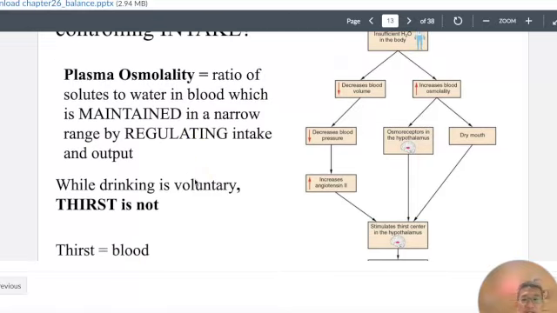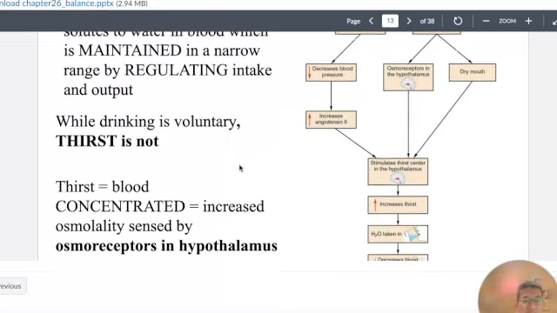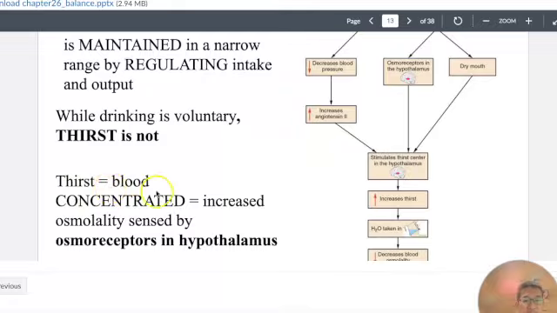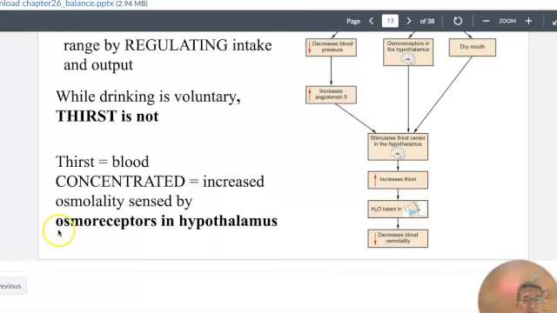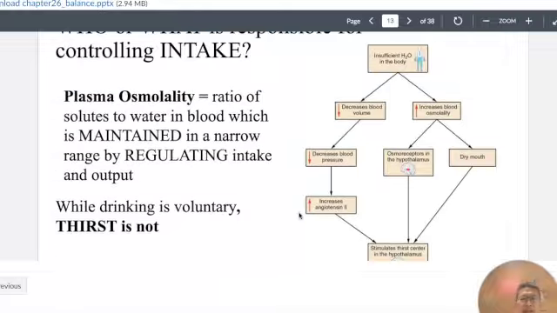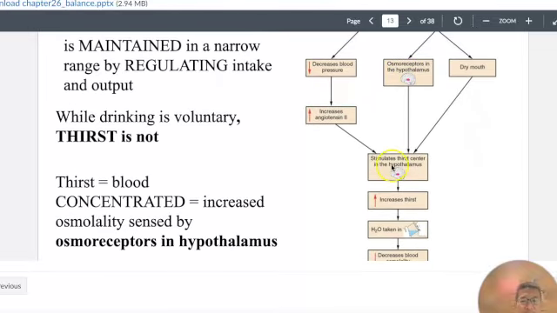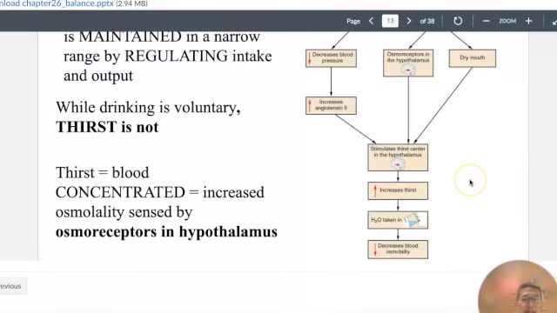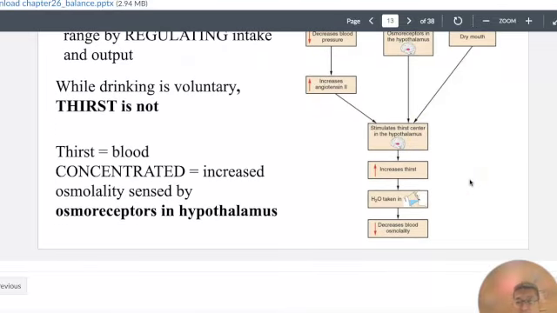So when you're thirsty, your blood is too concentrated. When it's too concentrated, the osmolar receptor will be activated and send a signal to the hypothalamus, and then it will send to the pituitary gland to release ADH.